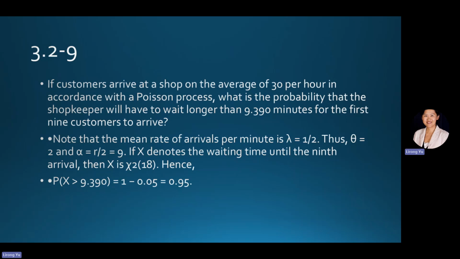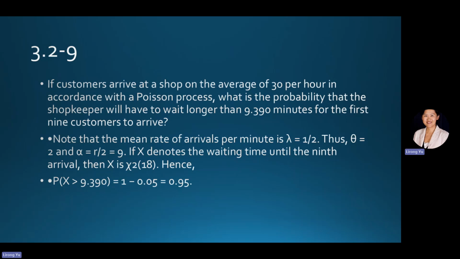Now we're saying 9.39 is our waiting time, and we're asking what is the probability to be more than this? We will probably see that's very common, right? The right side, to wait more than 9.39, is a big portion. So from the table, this part is 0.05, so the rest is 0.95.